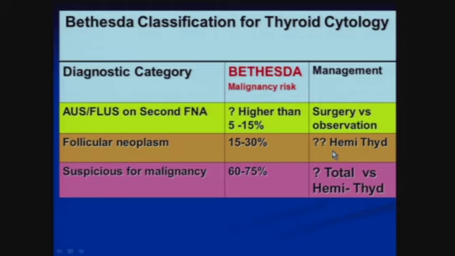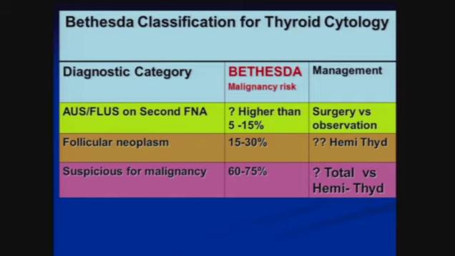Should we offer these patients hemithyroidectomy just as before? Should we offer them total thyroidectomy? Of the patients that are suspicious for malignancy, most institutions will do a total thyroidectomy, but some patients may say, gee, if I only have a 40% chance that my nodule is benign, I would be comfortable with a hemithyroidectomy and then repeat surgery if I turn out to be one of the ones that have a malignant potential.